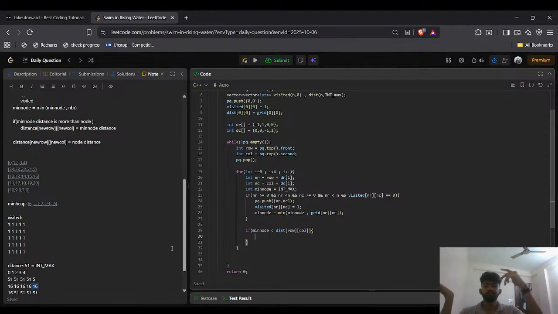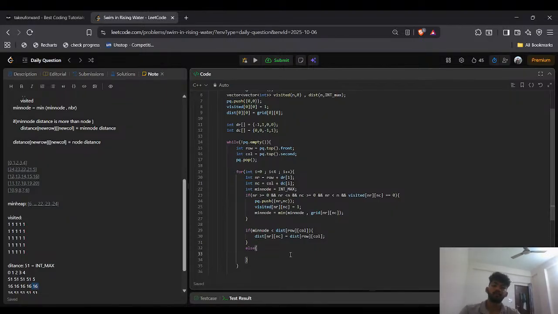No, that would be okay. Then we have distance, new row, new column will be copied from previous, because previous means is larger one. Okay, if this is not true, if min node value is equal or greater than this thing, previous value is greater, and we can take the value for this.